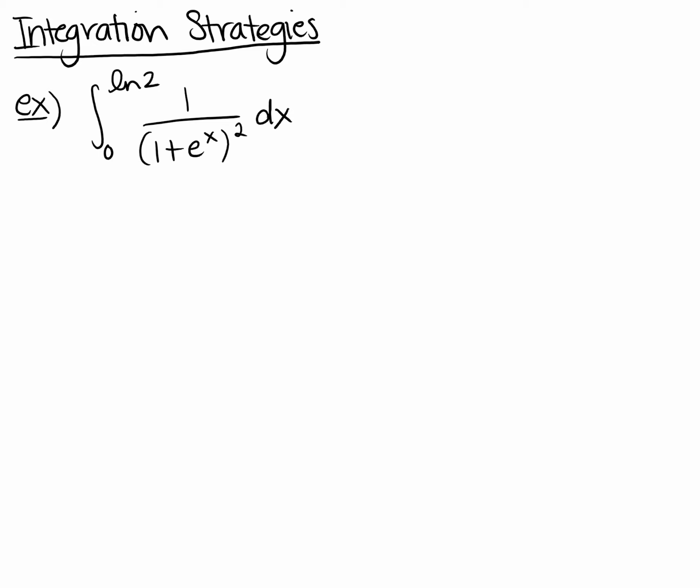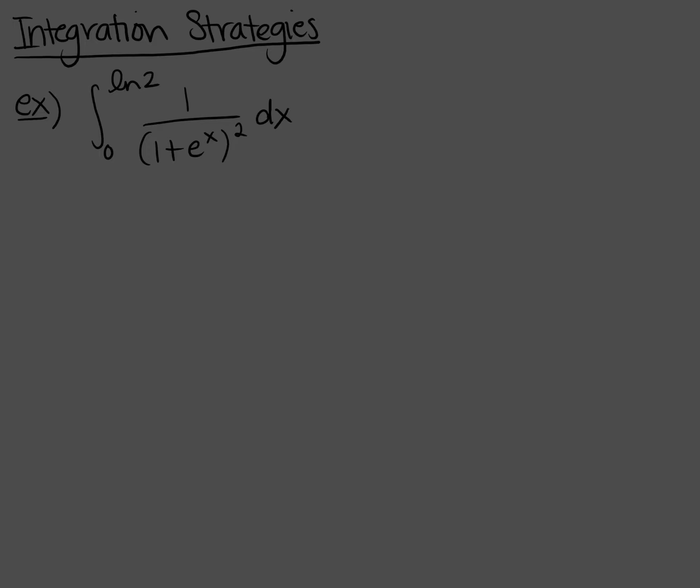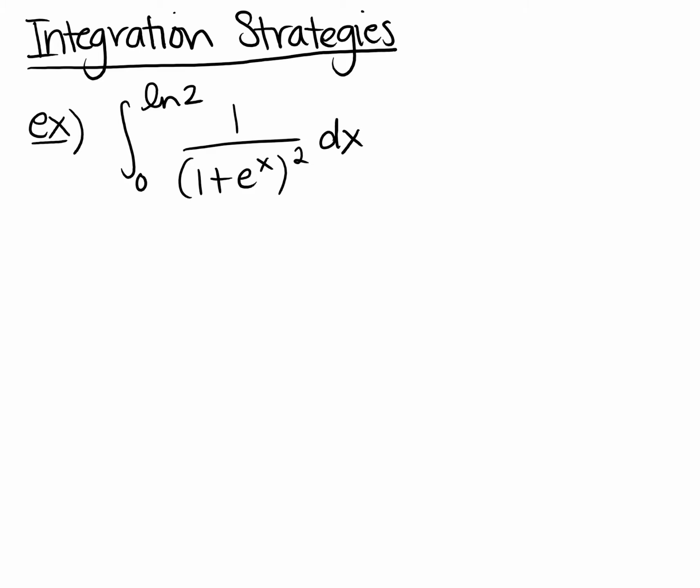What you want to do with these integration strategies is always try to do the simplest first. By simplest, really what I mean is substitution, because that's the most basic method that we have besides just outright being able to take the antiderivative. And it's important to note that I can't take the antiderivative of this as is.